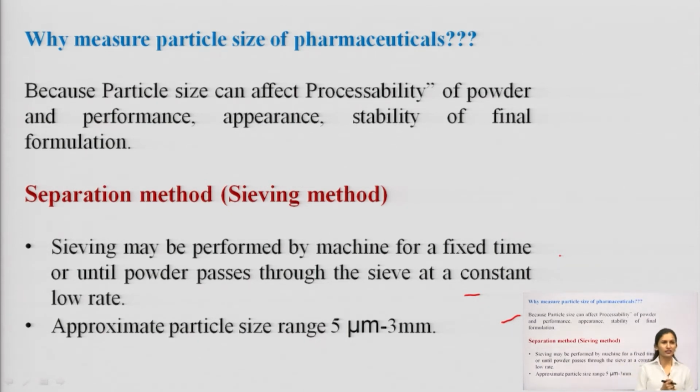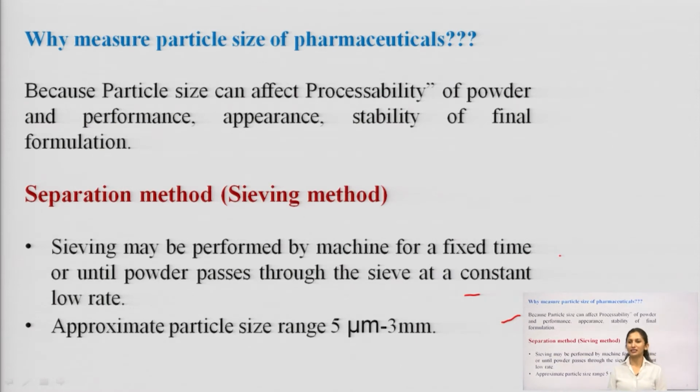How will you distinguish the powder particles on the basis of the sieves? Sieving, in a separation method, may be performed by a machine for a fixed time or until powder passes through the sieve at a constant low rate. Approximately, the particle size range which will be determined by this sieving method is 5 micrometer to 3 millimeter.